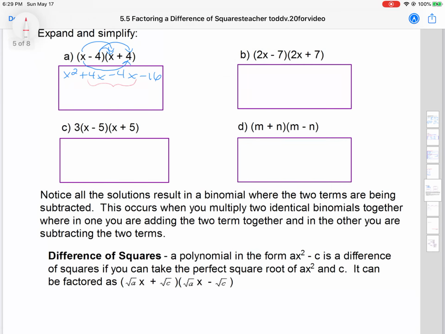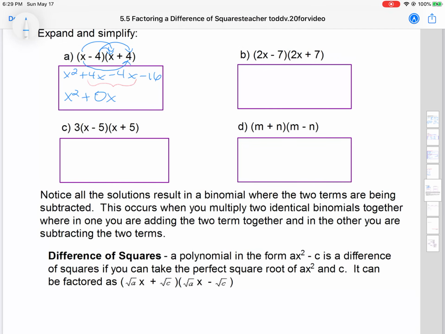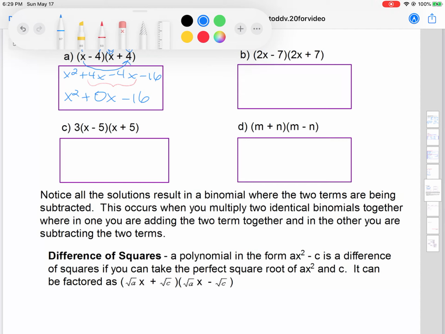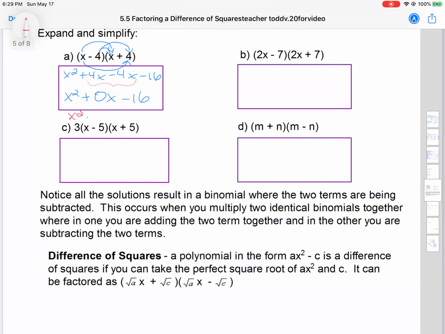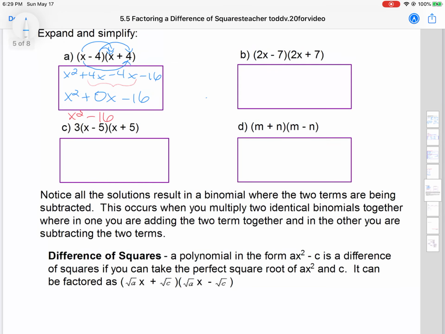Notice what happens in the middle: positive 4x and negative 4x make 0, and usually we don't write 0. So that becomes x squared minus 16. Now we don't have a b term. Is that okay? It sure is, and that is going to be our special case. Let's continue and do these all.